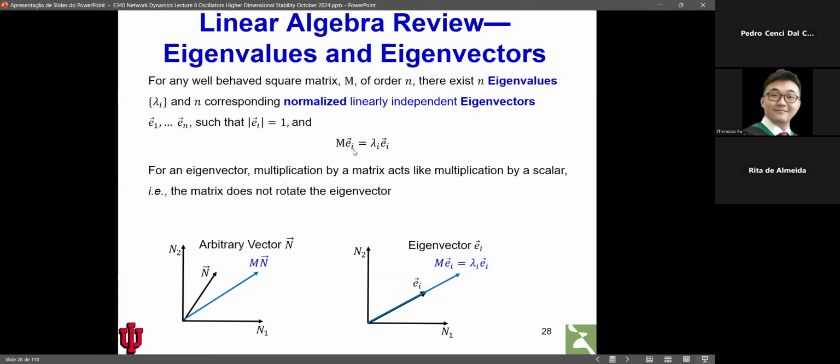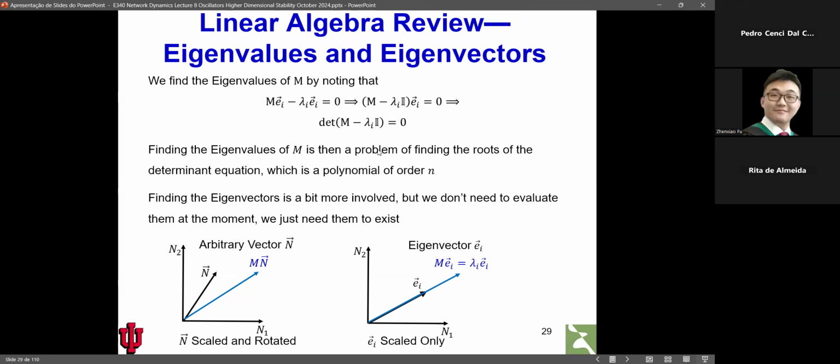There is a set of n algebraic equations for each lambda i, and if I solve them, then I can find the eigenvectors. But suppose you know what this is. It's the equation of it, right? So it's here.